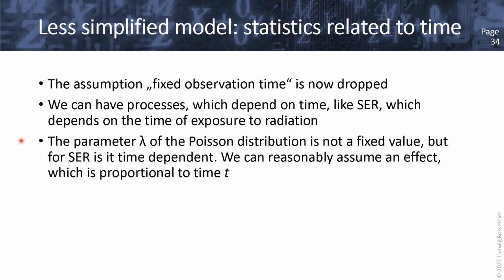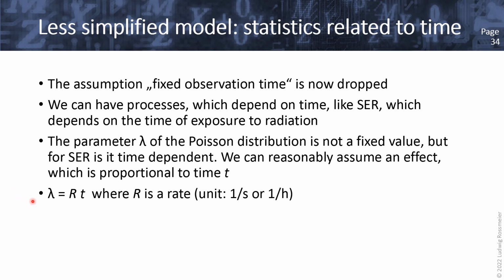The parameter lambda of the Poisson distribution is not a fixed value, but for SER it is time dependent. We can reasonably assume an effect which is proportional to the time t. That means if we have double the time of radiation, we assume that lambda is doubled.